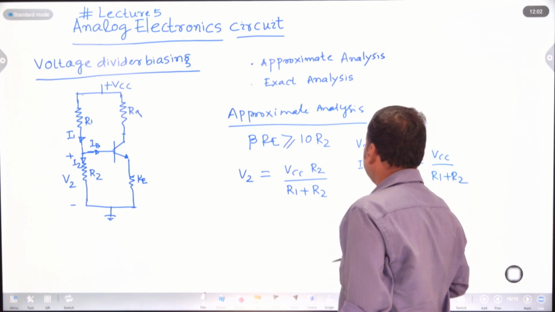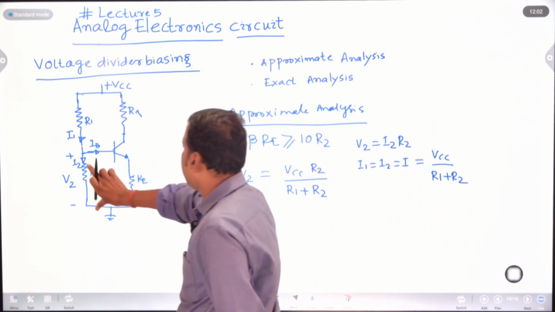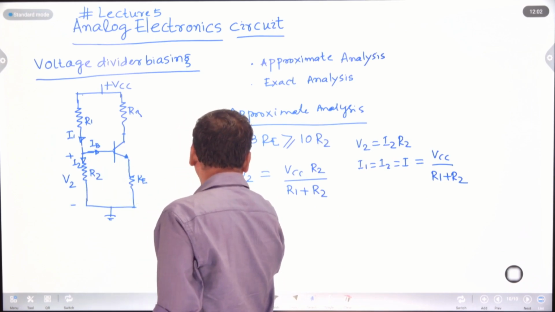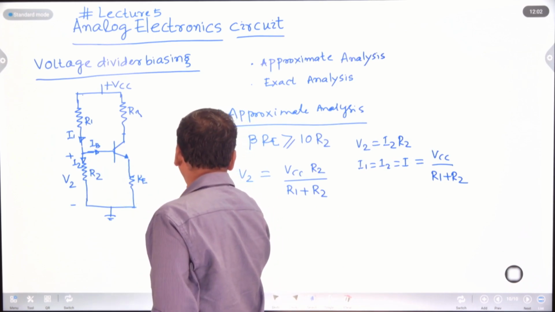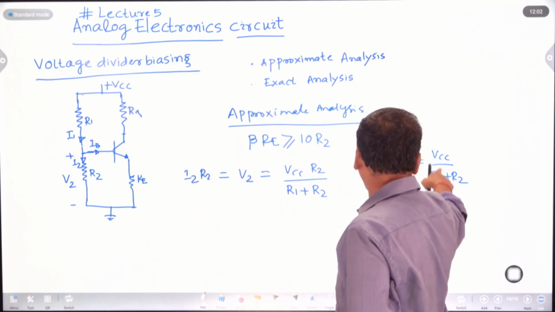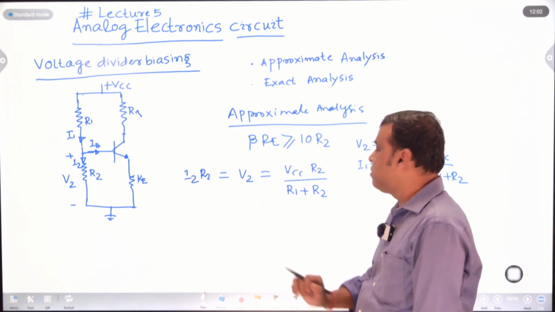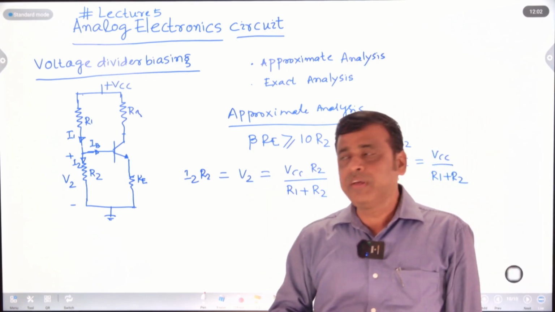So I equals VCC by R1 plus R2, and V2 is I2 into R2. That's why V2 equals VCC into R2 divided by R1 plus R2.